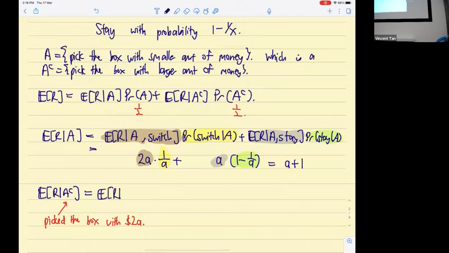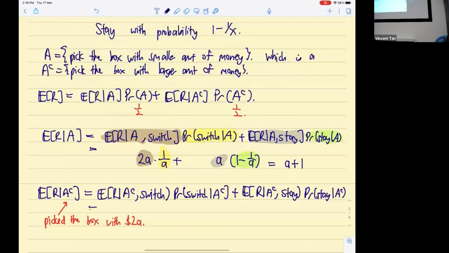Expected value of reward given A complement: switch, probability of switch, and stay, probability of stay given A complement. The conditioning here is not important for the switch probability, because the switch does not depend on which box we chose.